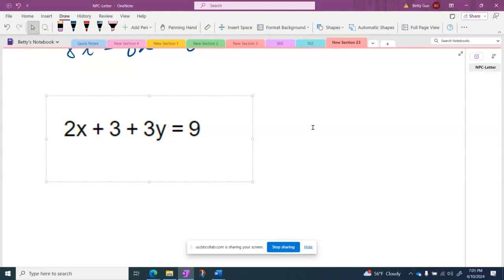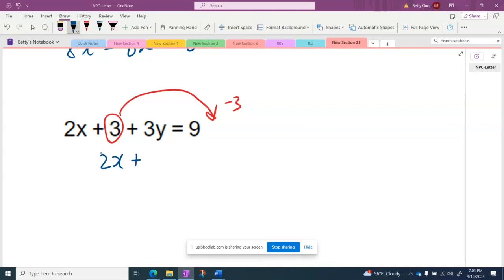But I can very conveniently rewrite the equation in the standard form, simply by moving 3 over to the right. 3 becomes -3 on the right. And I would have 2x plus 3y equals 9 minus 3, 6.